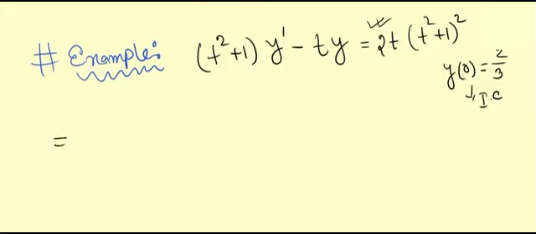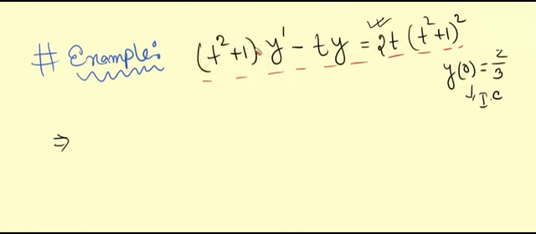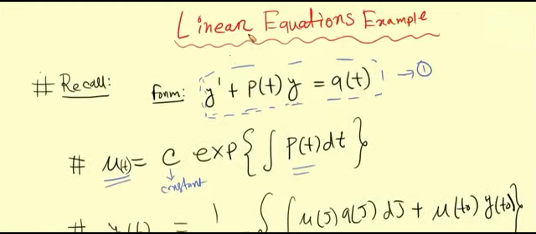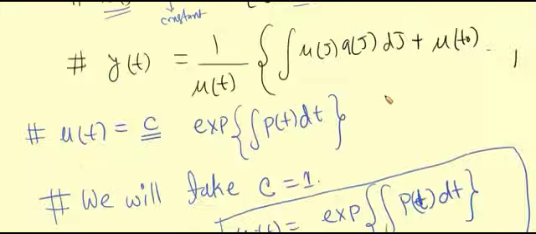So the first thing we need to do, we need to bring it into a standard form. To do that, we want to divide this whole equation, that is this whole part, by t square plus 1. So let's do that. The reason I'm doing that is because if you notice, y prime was just standing over there, but there was no guy to the left or right, right? So that's the kind of form that we want to achieve.